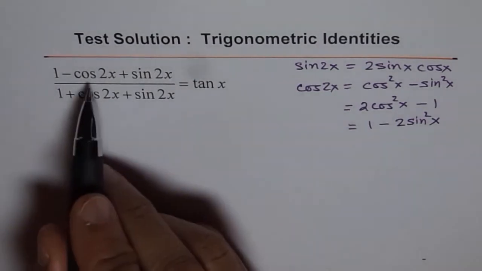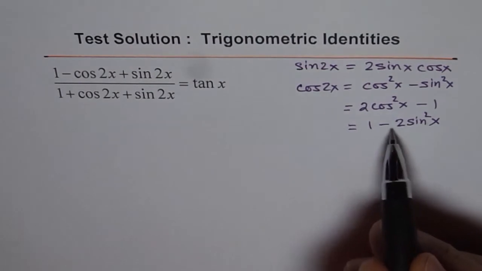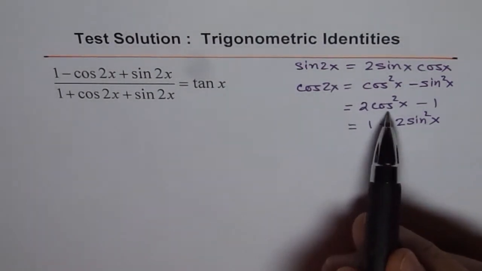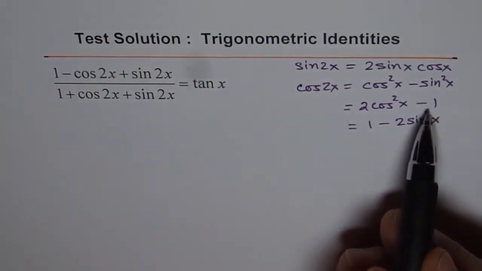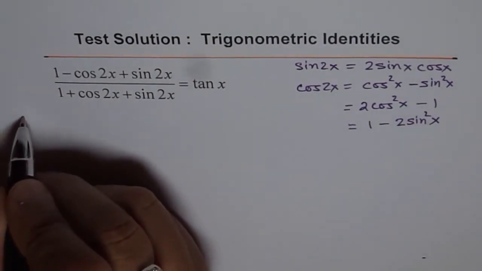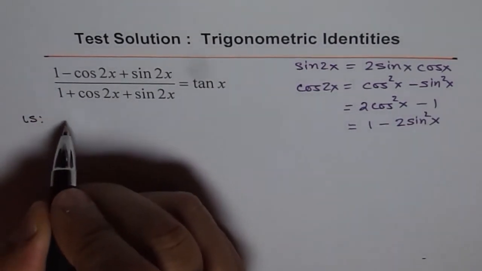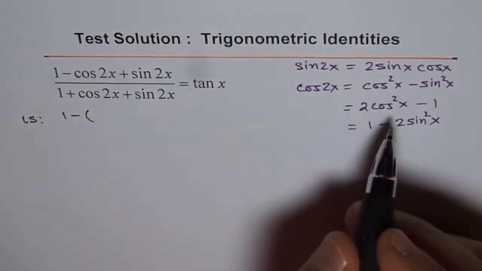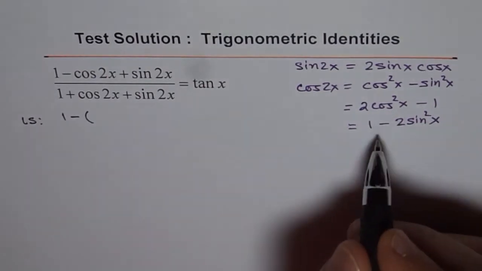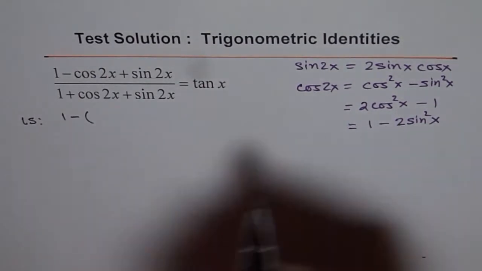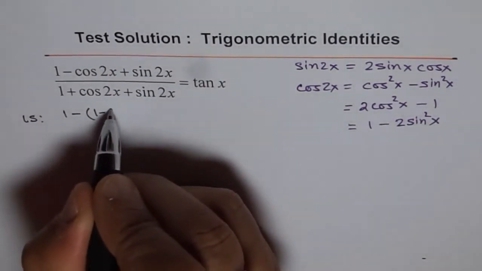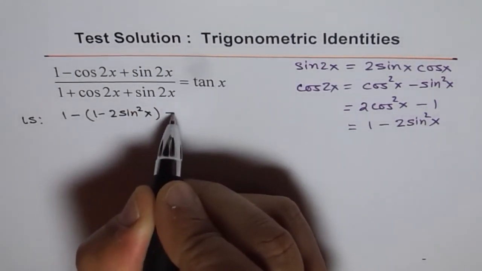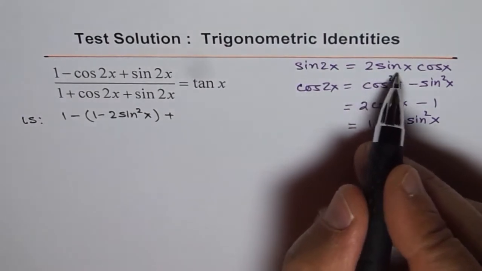So that is a kind of strategy. I'm going to use on the numerator side 1 minus 2 sine square x, and in the denominator I will use 2 cos square x minus 1. Okay, so let's start with the left side, and now I'll do 1 minus, so instead of cos 2x I'm using 1 minus 2 sine square x. So this is 1 minus 2 sine square x plus sine 2x, which is 2 sine x cos x.